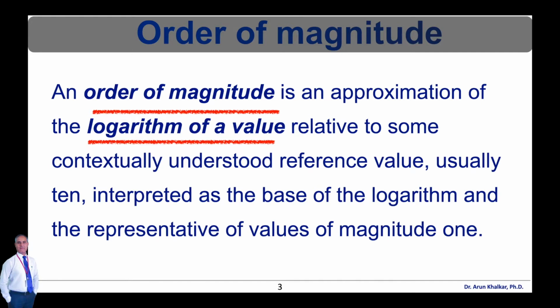When the reference value is 10, the order of magnitude can be understood as the number of digits in the base 10 representation of the value. Similarly, if the reference value is certain powers of 2, the magnitude can be understood as the amount of computer memory needed to store the exact integer value.